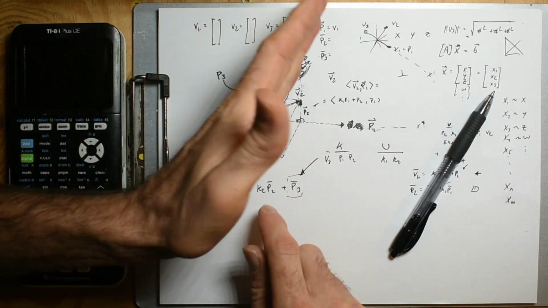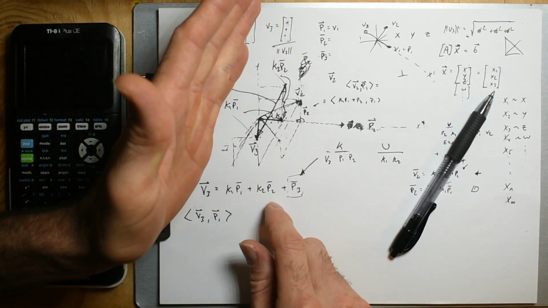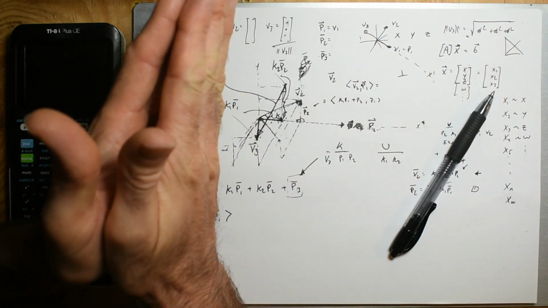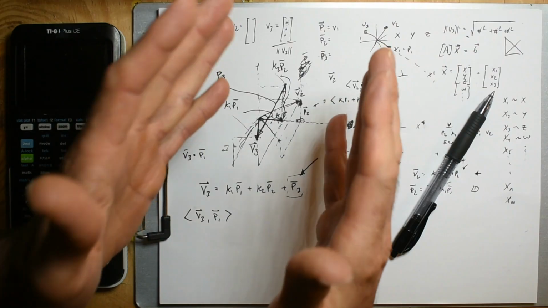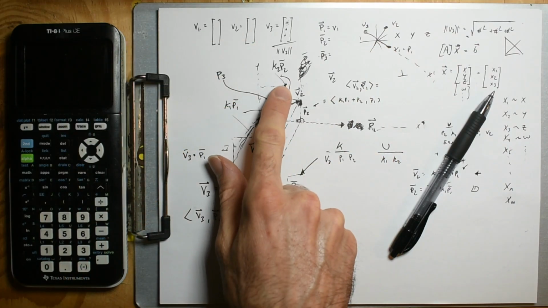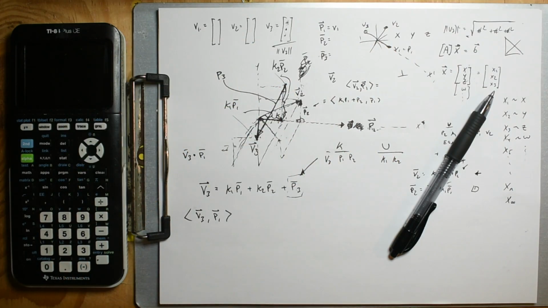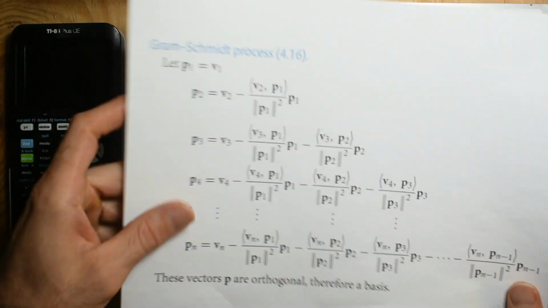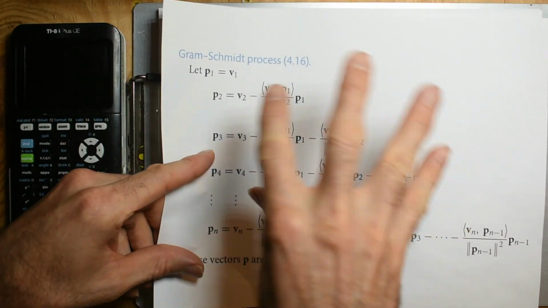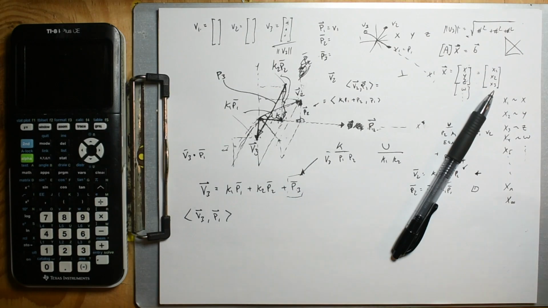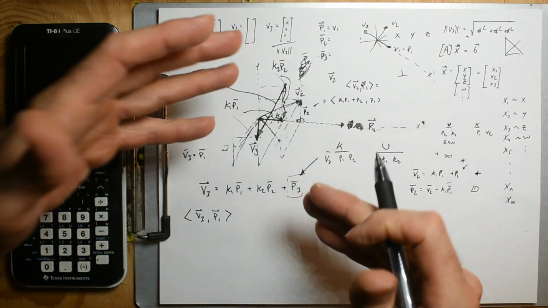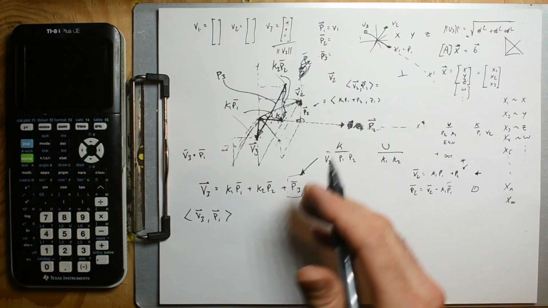So we're going to have K2 P2 dotted with P2, and that's going to be K2 times the magnitude of P2 squared. Then you can kind of see, but this sucks because this is a rearranging of that. This is once we solve for K, then throw it in.